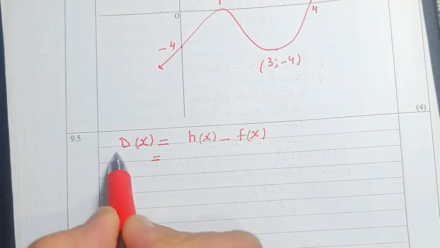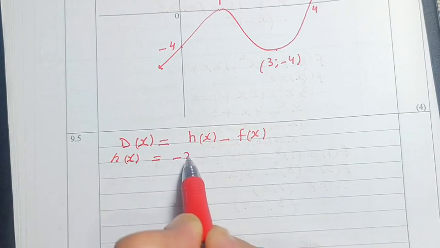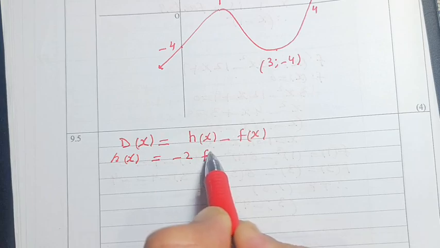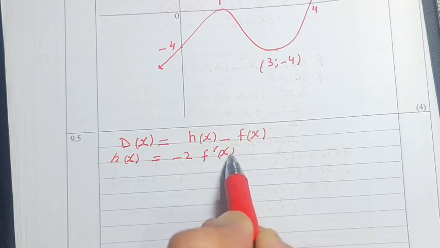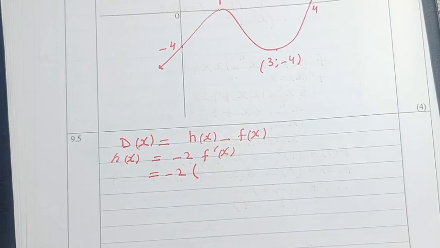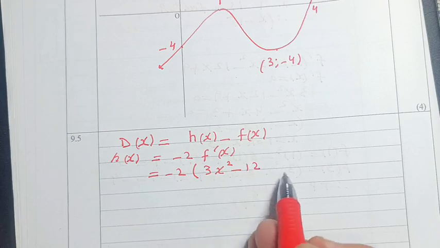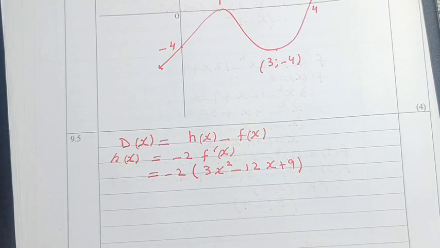So what is the h of x we have? h of x we got -2 multiplied by the first derivative. What do we have as the first derivative? The first derivative was 3x squared minus 12x plus 9. Remember, this is our first derivative.